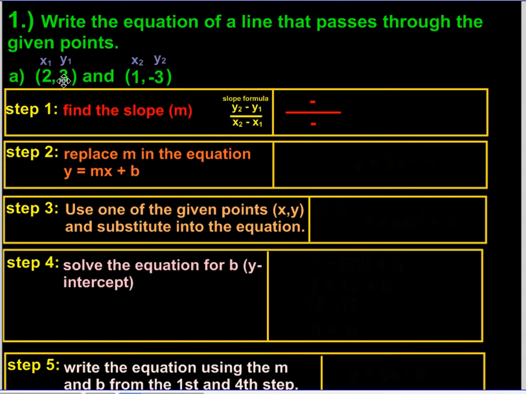Here are the 2 coordinates that I have, (2, 3) and (1, -3). In order to use the slope formula, I need to take a look at having an x1, y1 and having an x2, y2.